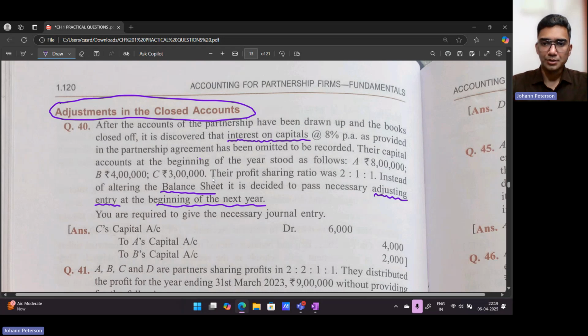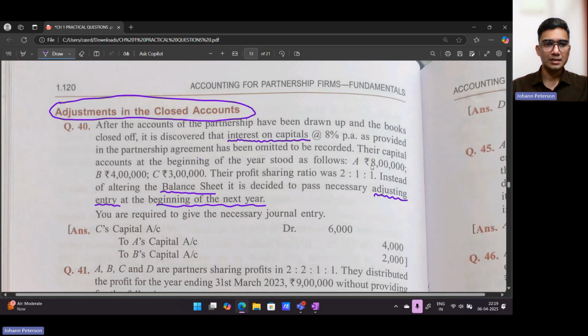So to cut this story short, we have closed the accounts of this partnership firm and we have not given interest on capital to the partners. We have been told the profit sharing ratio and we have been told their capital balance at the beginning of the year.